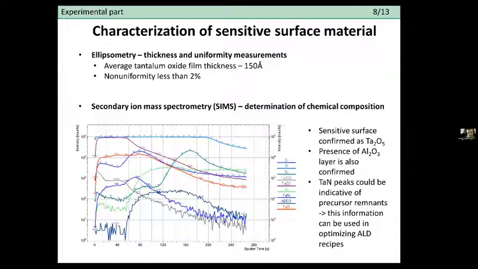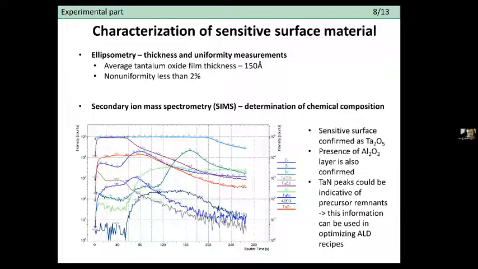And with secondary ion mass spectrometry, we mainly confirmed that the sensitive surface is, in fact, tantalum pentoxide and not another stoichiometric composition. And we also confirmed that yes, in fact, we have an aluminum oxide layer underneath the sensitive surface.